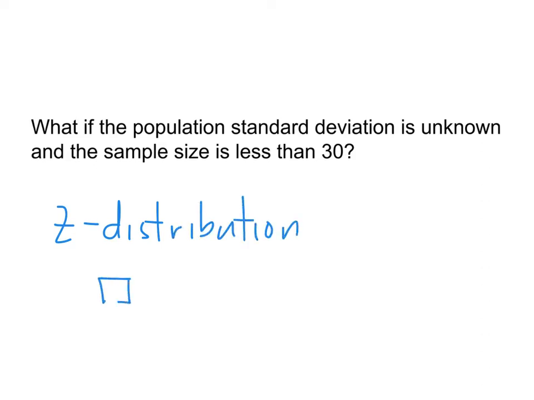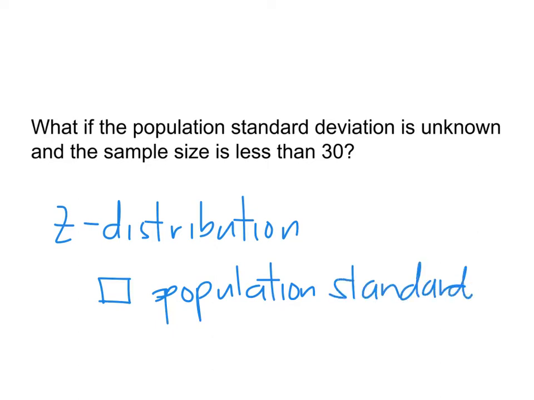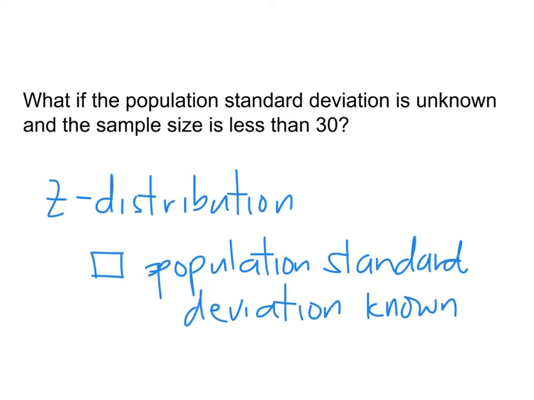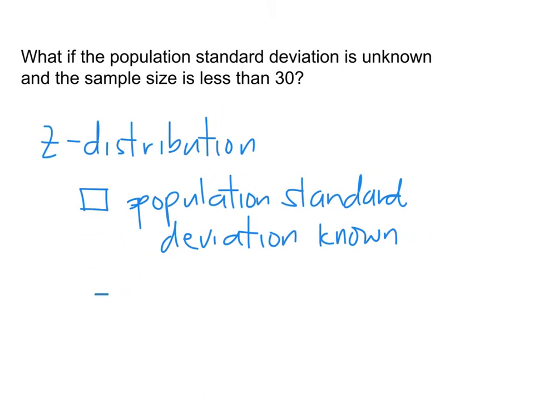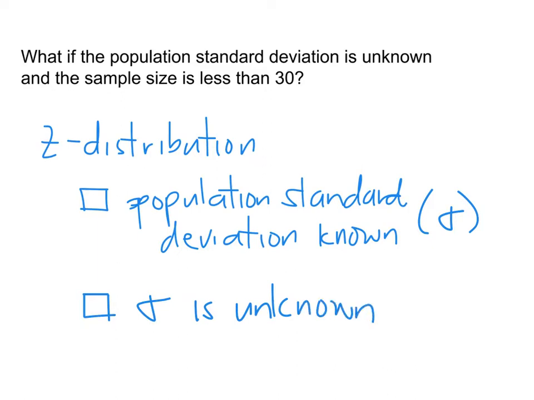The first condition is that the population standard deviation sigma is known. And in the case that sigma is unknown, we can still use the z distribution provided that the sample size n is large enough.